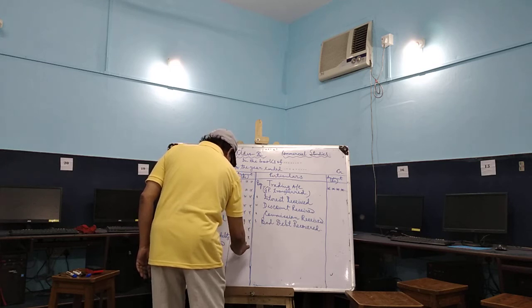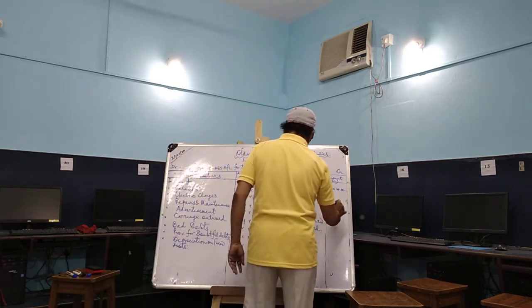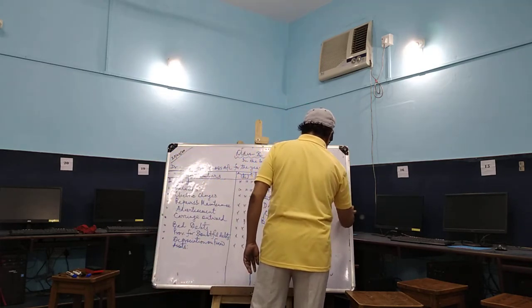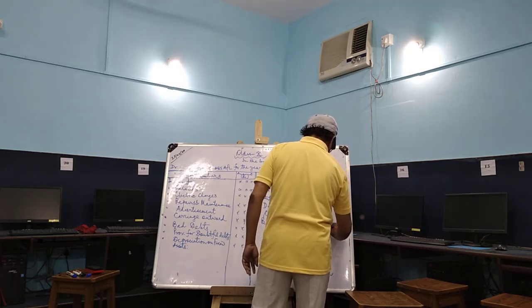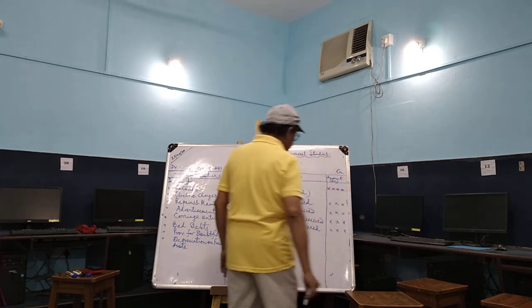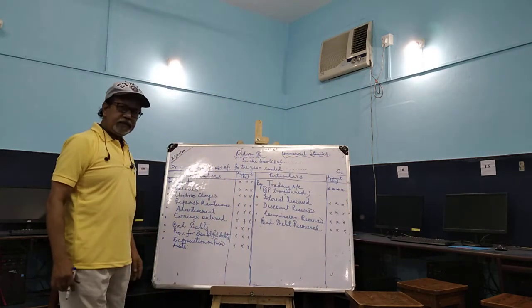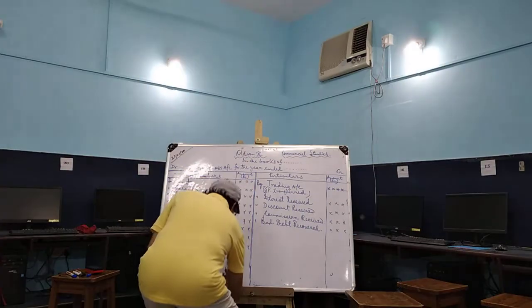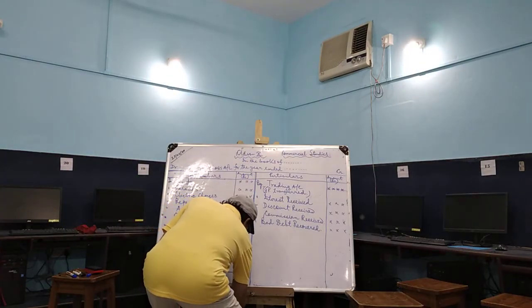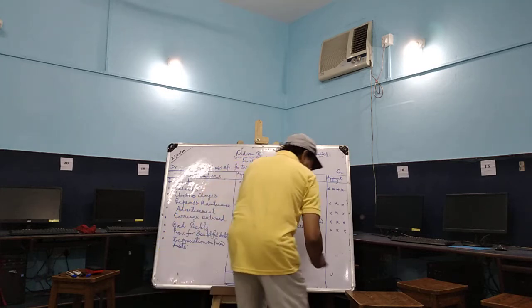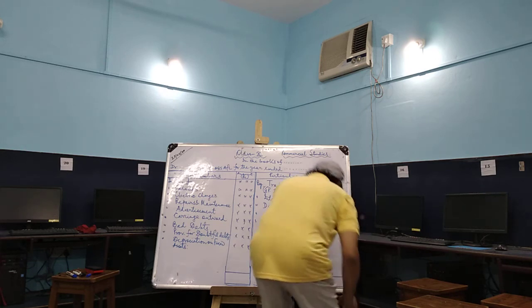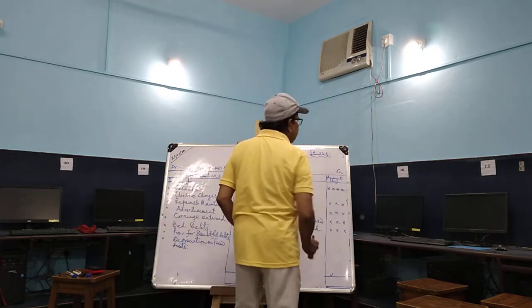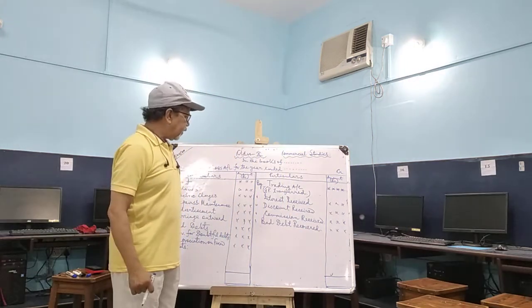Write the items here, means amounts. Now we have to balance both sides. So, which side is heavier, that is to be decided first.